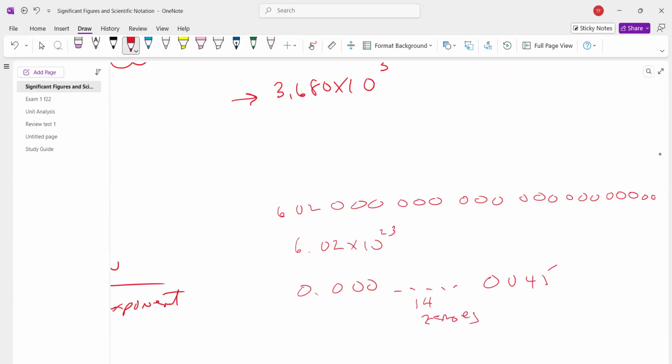So we have this thing with 14 zeros before the 45. Kind of awkward. Imagine putting that into your calculator. Chances are high that you're going to mess it up. So we're going to go with scientific notation on that as well.